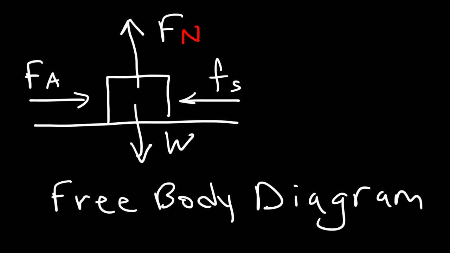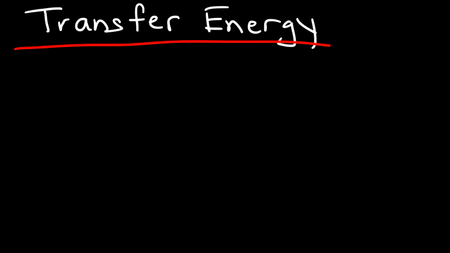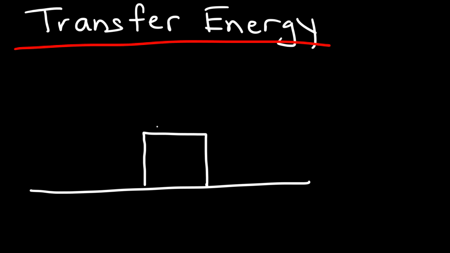But what else can forces do? One important aspect of forces is that they can transfer energy. And let's think about that. So let's say if we have a block and a person applying a force to push the block.